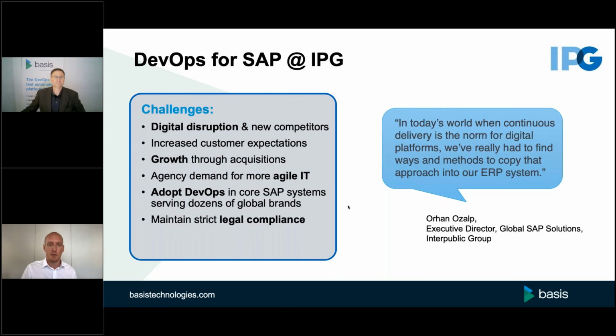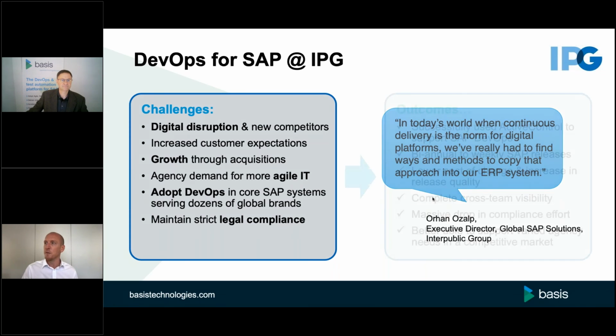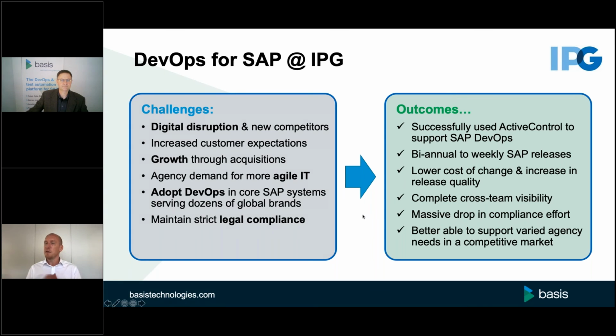They adopted Active Control from Basis Technologies as the platform to provide the automation they needed. And in doing so, over a series of projects in which they gradually scaled out the implementation of DevOps across their team to prove those benefits, they managed to successfully adopt a DevOps approach in their SAP systems.